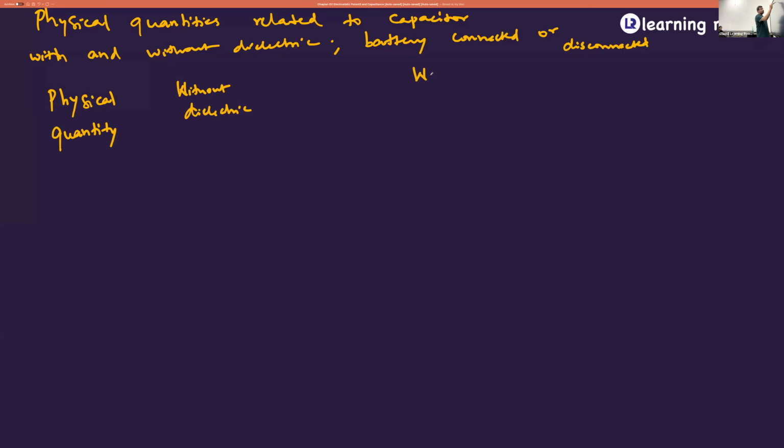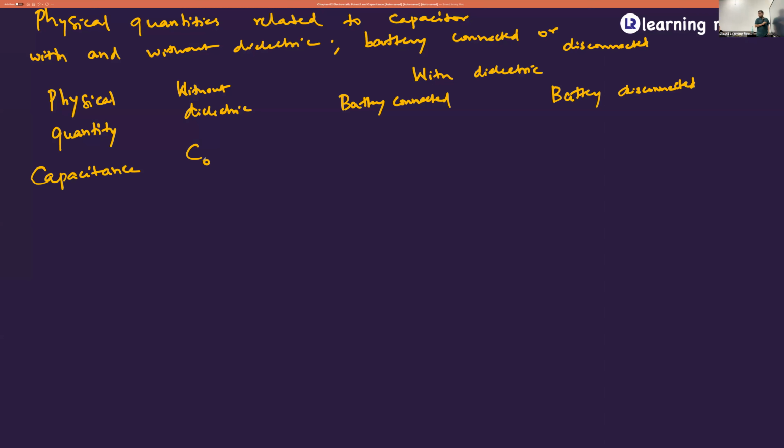And you have the battery connected, and the other part you have the battery disconnected. So understand this. So first thing, if I talk about capacitance. So if you talk about the capacitance without dielectric, then what is it going to be?